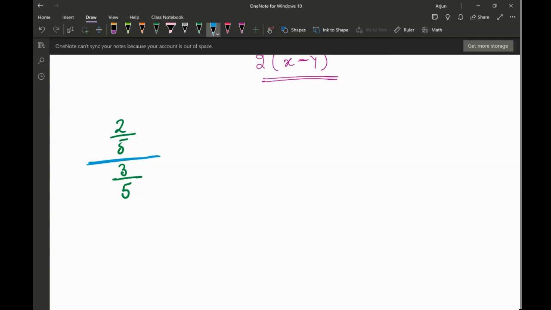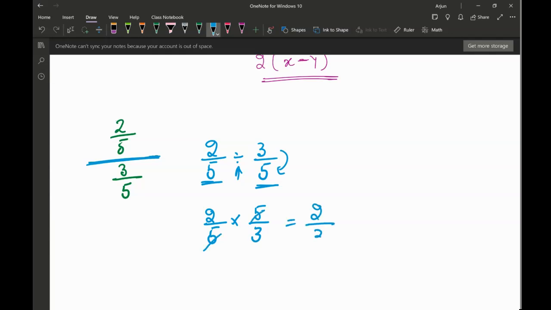This division will be counted as the main division. So I'll write it as 2 over 5 divided by 3 over 5. Whenever the numbers are written in this way, you will convert this division into multiplication and flip the second term, not the first term, the second term: 2 over 5 multiplied by 5 over 3. And now you can reduce it. Your final answer will be 2 over 3.